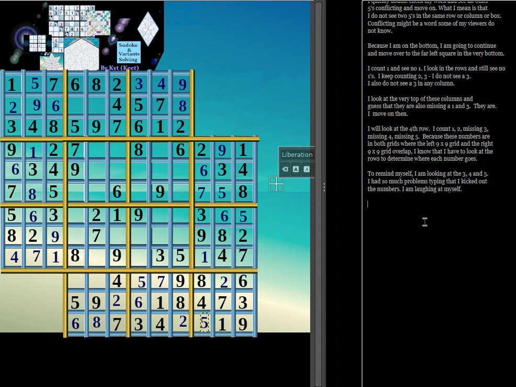Okay, 3. Do I see a 3 in any column that has an empty square in the fourth row?